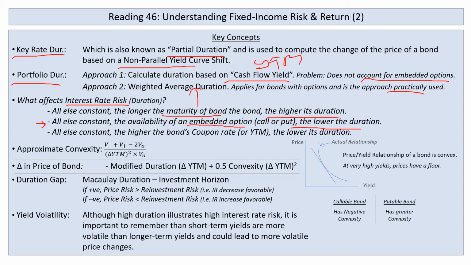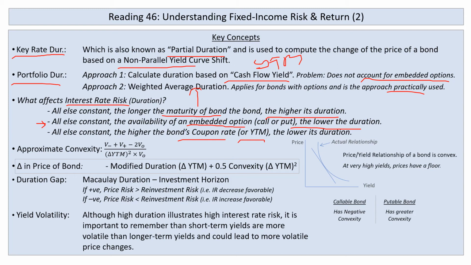Going forward, the higher the bond's coupon rate or YTM, the lower its duration. This is something else we talked about in an earlier reading. You have to know it as well. Interest rate risk or duration is lower when we have a high coupon rate and high YTM. So if you have a YTM of, let's say, 30%, let's say a very low credit quality bond with a very high YTM, well, if YTM jumps from 30 to 31%, honestly, it's not going to make a lot of difference because YTM is so large that the bond is no longer affected by a 1% change in YTM because YTM is already 30%.